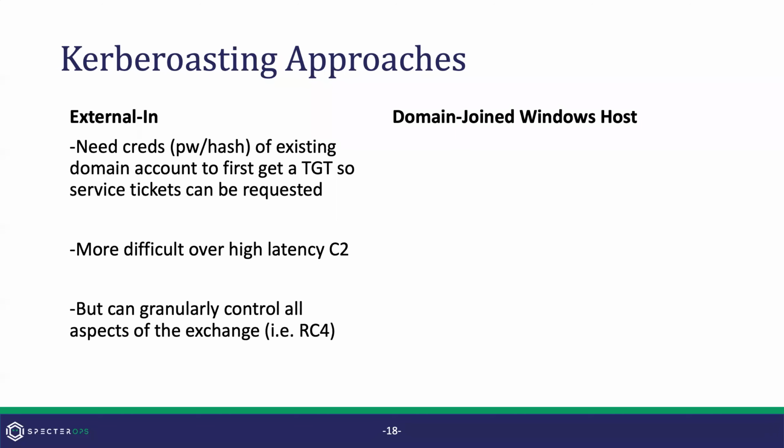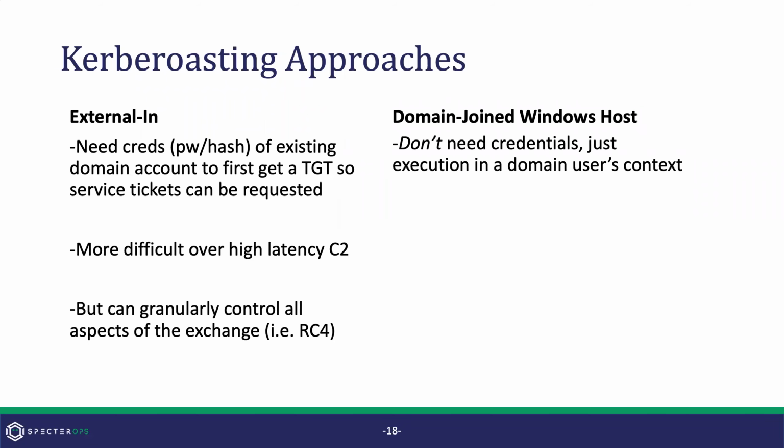The way we've normally done it, just based on how we operate, because we tend to do more of a compromised Windows workstation type approach, is from a domain-joined Windows host. We don't need credentials, we only need execution in a domain user's context, say from a phish user, so that's great. It's definitely easier over high latency command and control because you're tasking stuff down and pulling stuff back and you're letting Windows internals take care of everything.